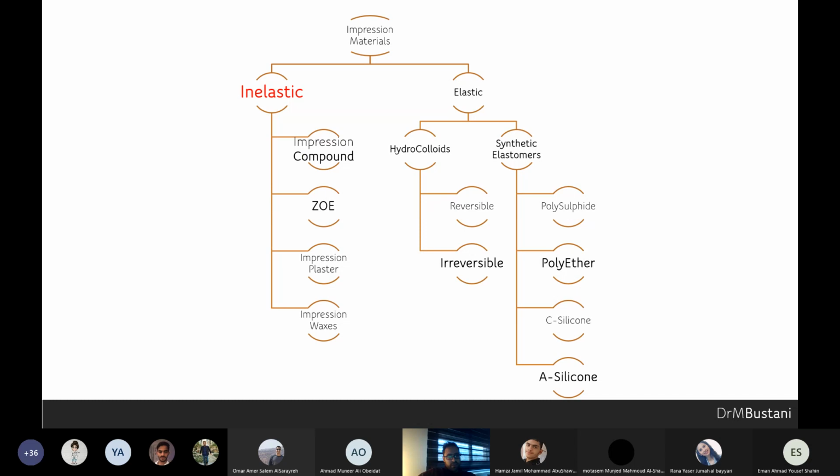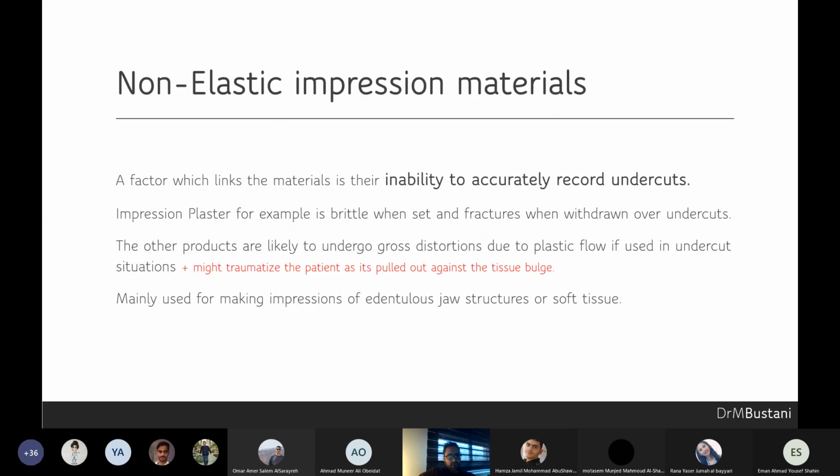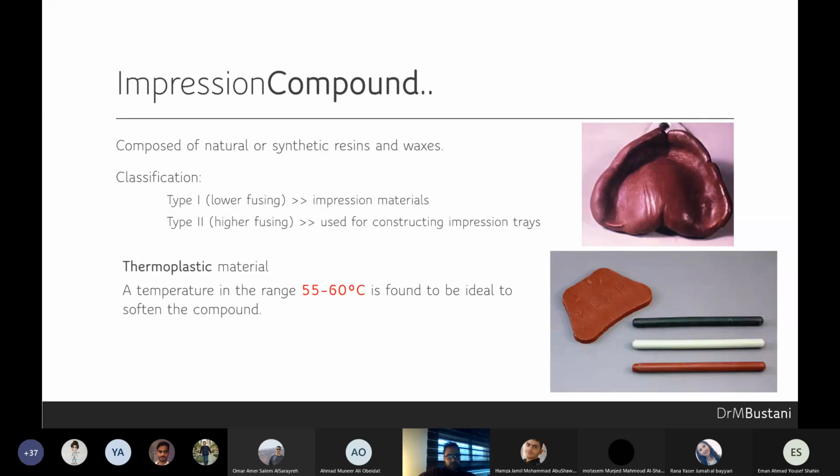Last time we covered inelastic materials, which are impression compounds, zinc oxide eugenol, impression plaster, and impression waxes, and then the elastic materials, which we'll cover part of today, and we covered hydrocolloids last week. The main feature of inelastic materials is that they can be used to record undercuts because they are rigid.